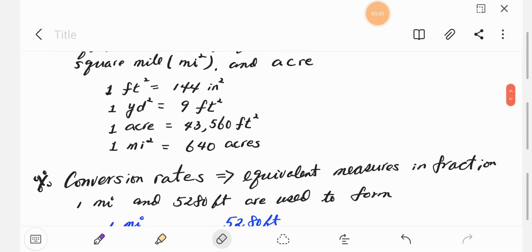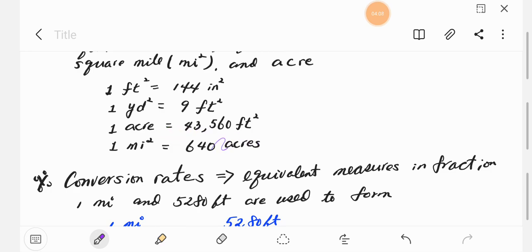So 1 square foot means, 1 foot is 12 inches, so you multiply 12 inches twice. So it will be 144 square inches. 1 square yard is 9 square feet. 1 yard is 3 feet, so square yard is multiplying 3 feet twice. 3 times 3 is 9 square feet.